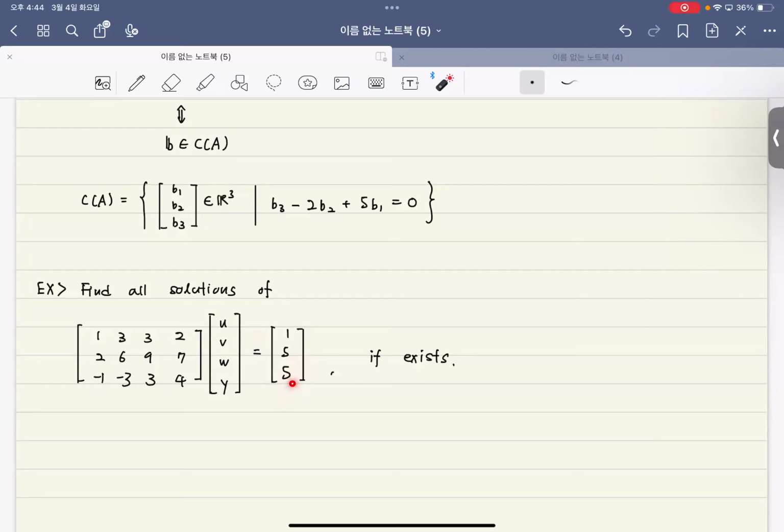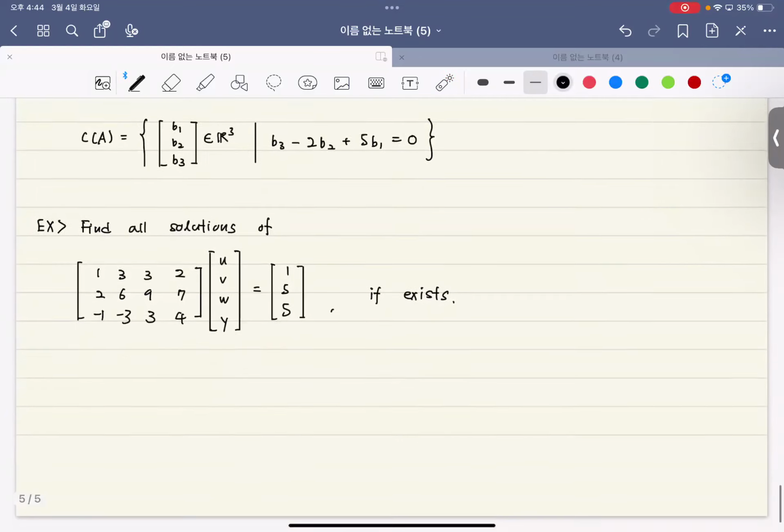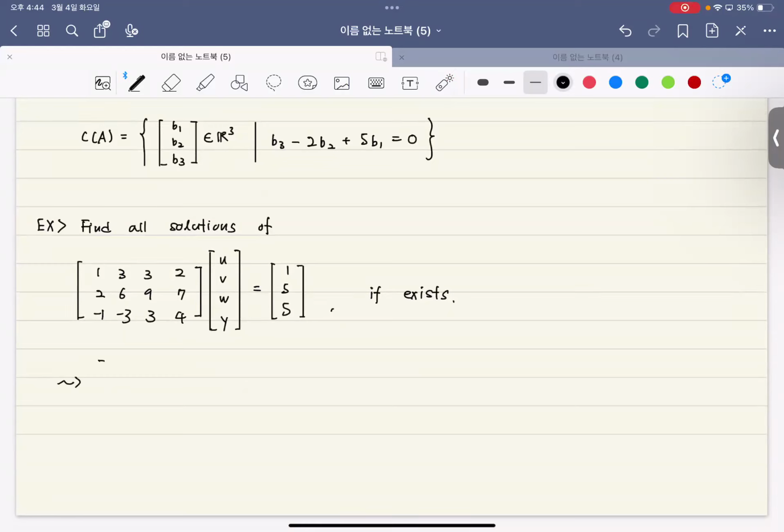Well, in order to check that, this is my B1, this is B2 and B3. And just by looking at this condition, B1 is 1, B2 is 5, so B3 is 5. Oh, so this condition is actually satisfied for this B1, B2, and B3. So I know I can find the solution, right? Now, I want to change A into the reduced row echelon matrix.